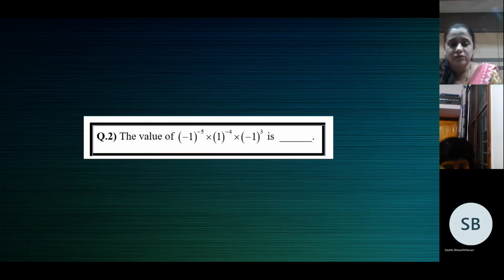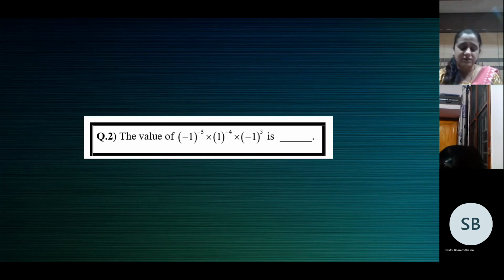What's the value of this one? Take down the question, work and tell me the answer.